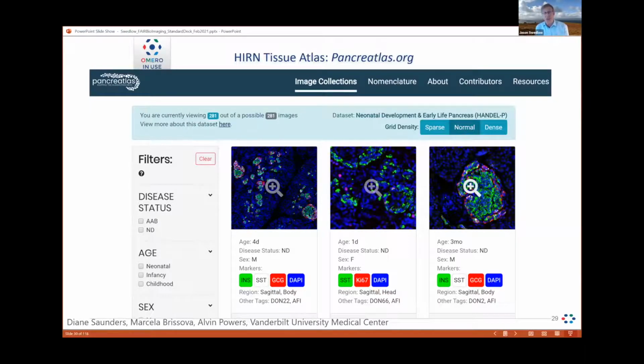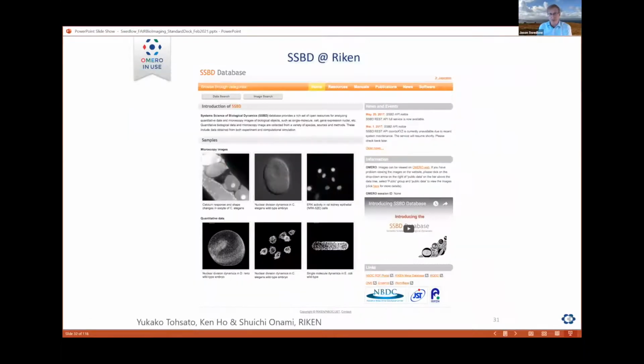So these tissues are very precious, and so making the data and the staining and the results all public. This is in Japan. This is Shuichi Onami's group at RIKEN building a data repository for the Japanese community based on OMERO. So those are all OMERO sitting underneath, serving imaging data and metadata to all of these different applications.